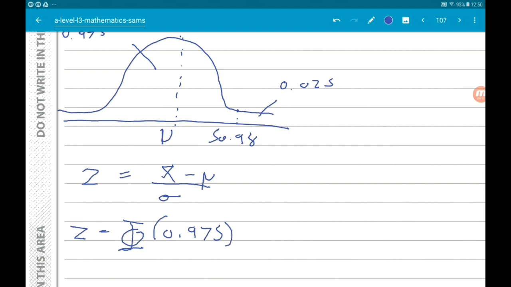Now when you're in the inverse normal, you put in the area as 0.975. Mu is equal to 0 and sigma is equal to 1. Now that will give us 1.96.